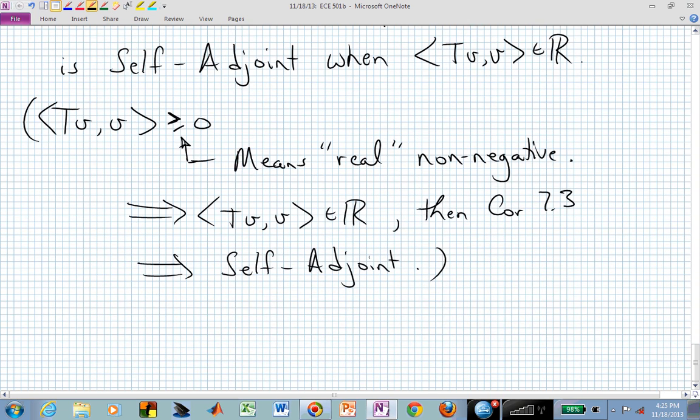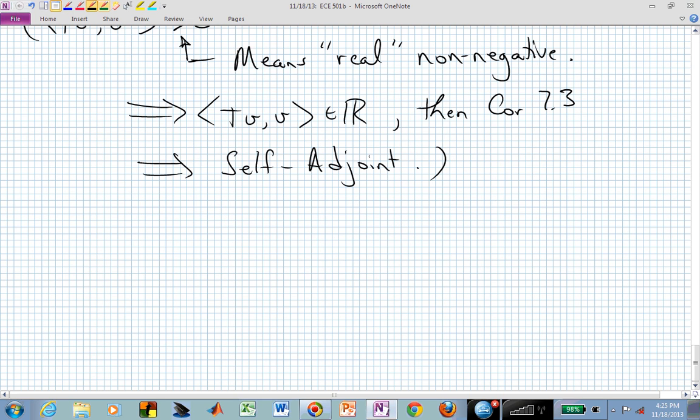All right, so let's just look at, very quickly, some examples of positive operators. And we'll get to more of these in a minute. But here, before we go any further, let's just look at a couple of examples of a positive operator.